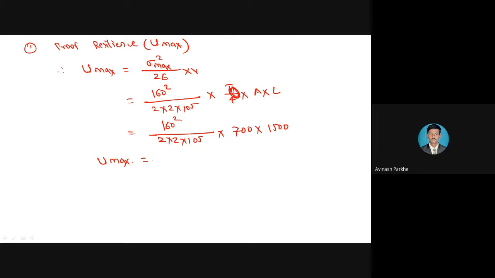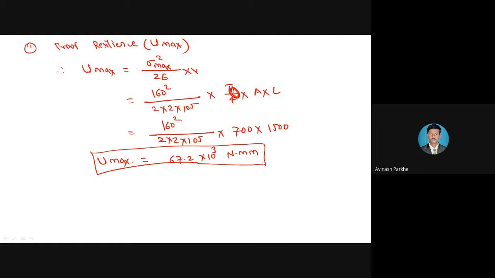So Umax is equal to 67.2 into 10⁵, and the unit is Newton mm.